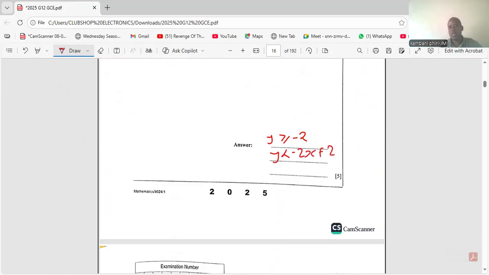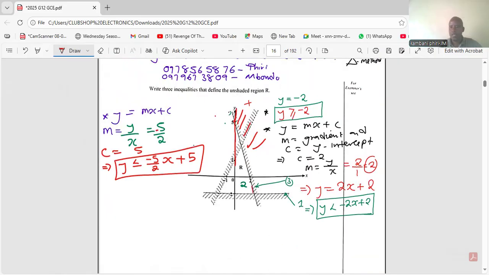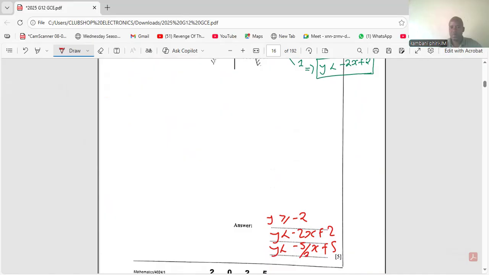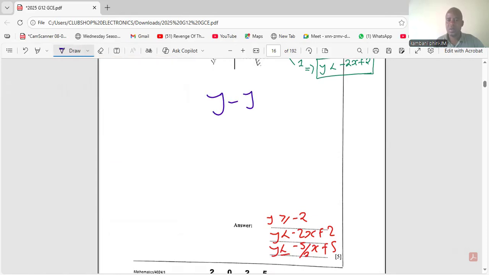Then the last one is y is less than or equal to -5 over 2 x plus 5. So basically, that is your solution. You don't need to start using, say, y minus y1 is equal to m, x minus x1. Of course, this works out as well.